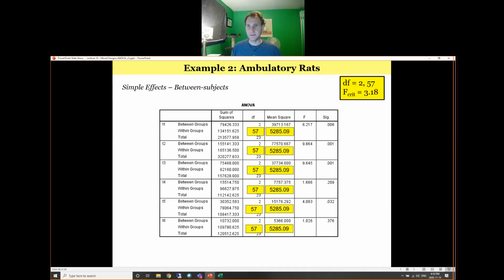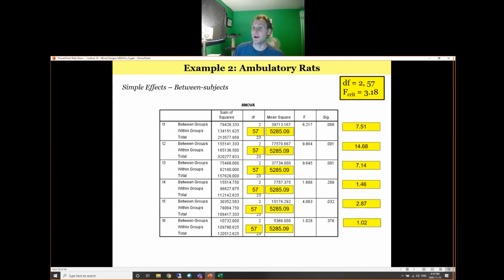And in this case, we can see that for 2 and 57 degrees of freedom and an F critical of 3.18, and I recompute my Fs here. So I recomputed each F. I can see that one of my results actually changes. Whereas at time 5, this between subjects effect was significant when I ran it by splitting the file, it's actually non-significant when I use the hybrid mean squared error, when I use all the data.